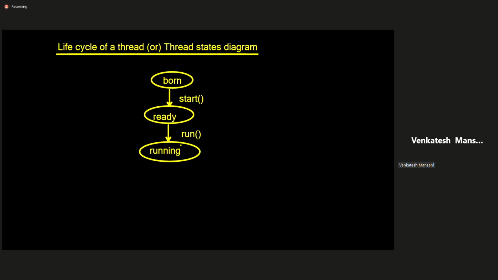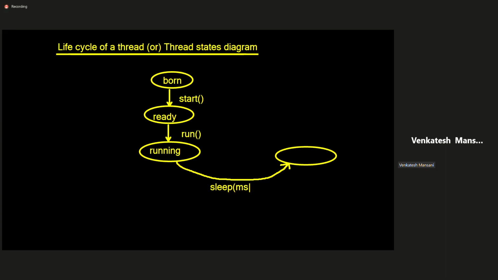So first a new thread will be born. When you call the start method, the thread comes to a ready state. When you call the run method, the thread will run. While running, you can set some time interval. If you call the sleep method, it will sleep.